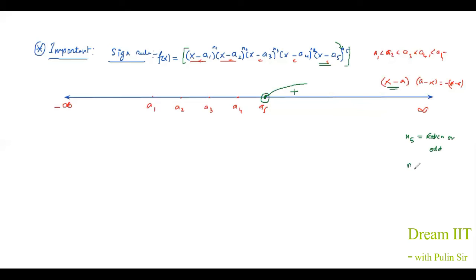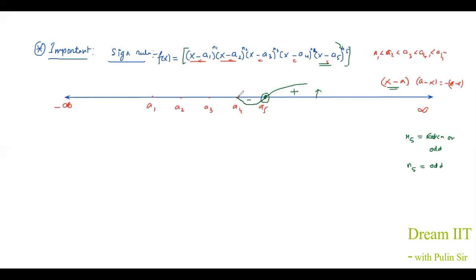For a moment, I want to take n5 as odd to illustrate. If n5 is odd, the moment you pass through a5 and go to a4, you will sense the side change. Earlier you were in the upper part of the line, now you will be coming down, indicating that the values between a4 and a5 will be minus.